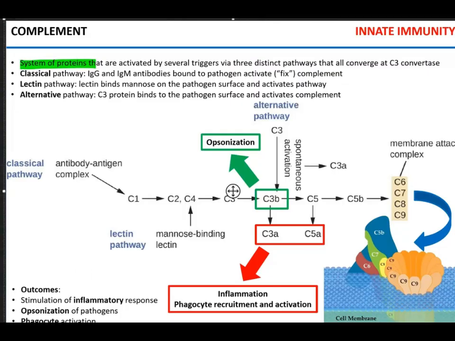Classical pathway. Everybody took ANP2, I presume. Yeah, okay, so then you're familiar with that. So imagine you have a pathogen, and you have an antibody bound to the pathogen. Okay, you may remember that this part of the antibody is called FC.